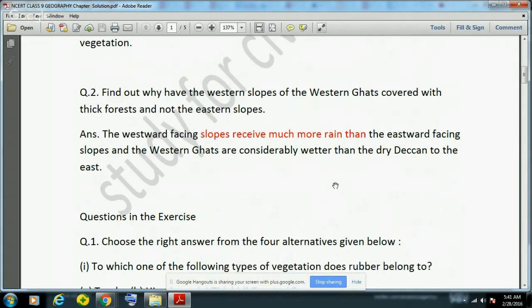The southwest monsoon directly collides with the western slopes of the Western Ghats, and most of the moisture is poured over that region, so they have more rainfall and thicker forest. These types of forests are known as tropical evergreen forest. We've already discussed all these things in the chapter video.